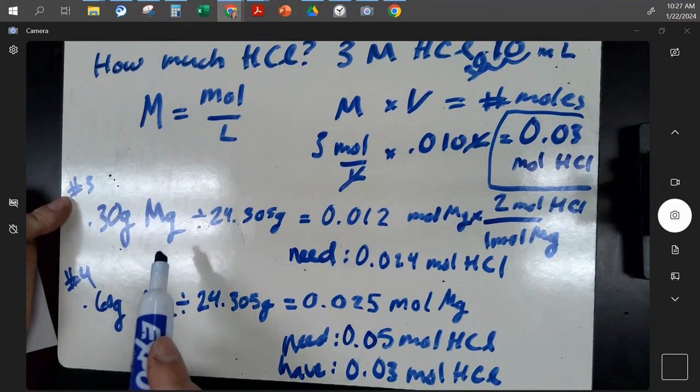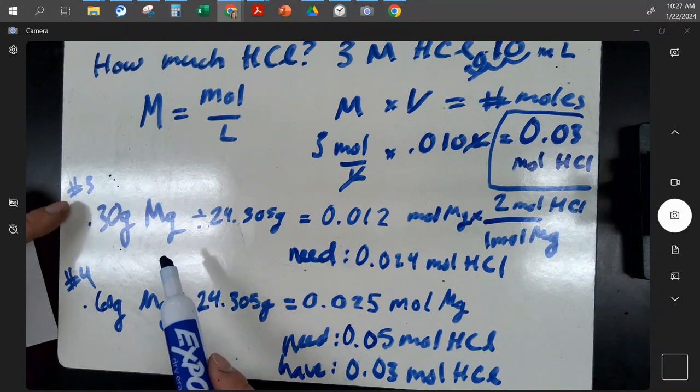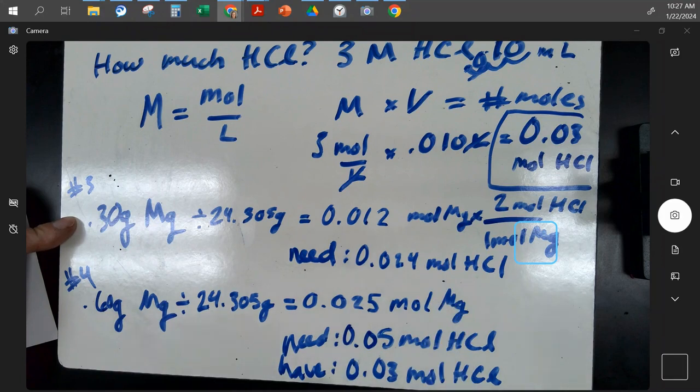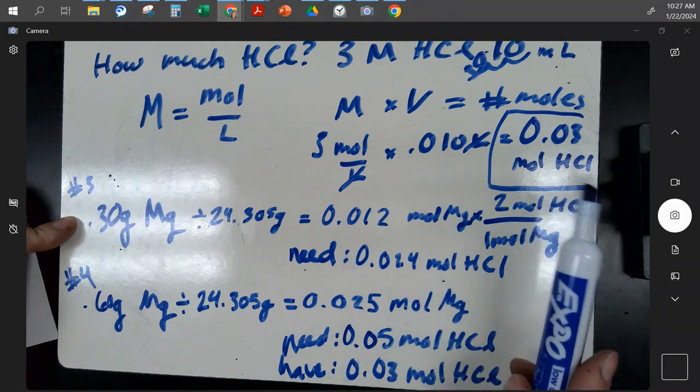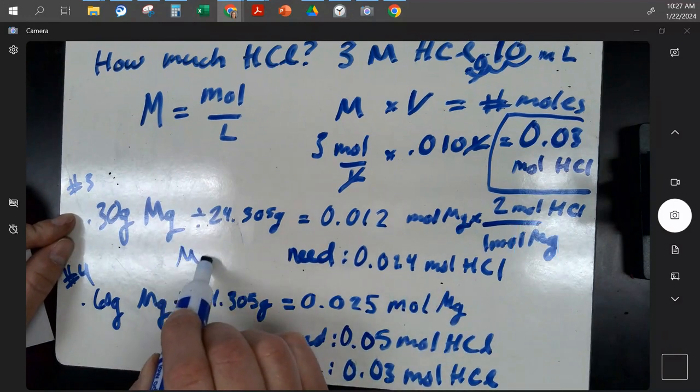So for reaction number 3, what was the limiting reactant? What ran out first? We had 0.012 moles of magnesium, and to use all of this up, we would need 0.024 moles of hydrochloric acid. We had more, right? So in this reaction, magnesium is limiting.